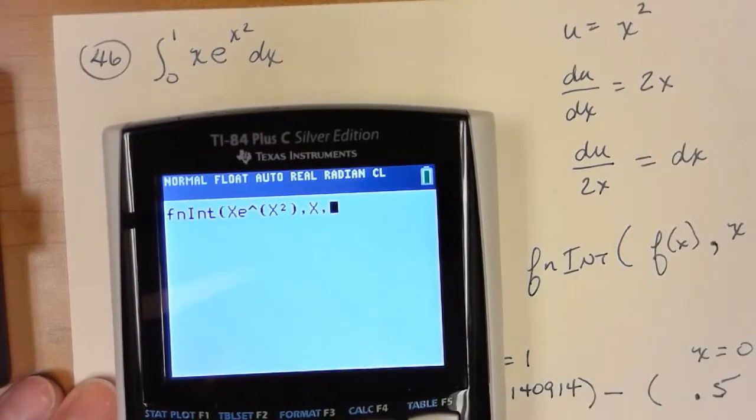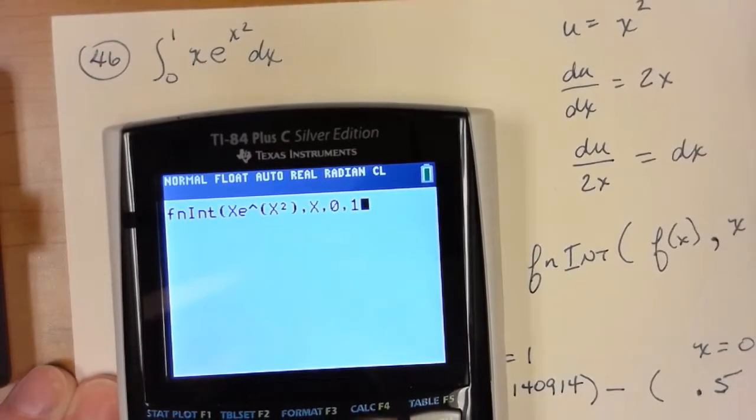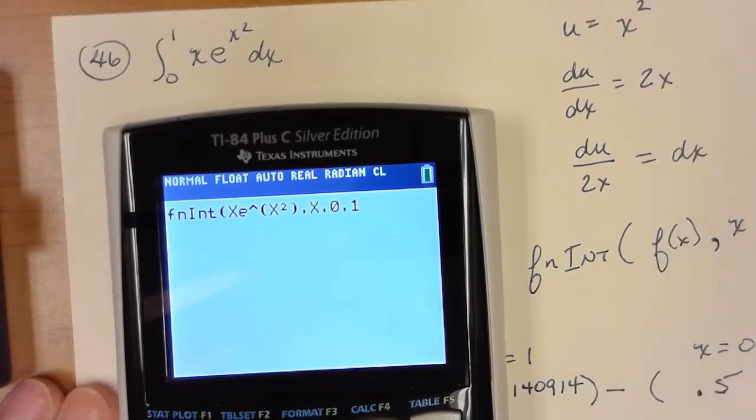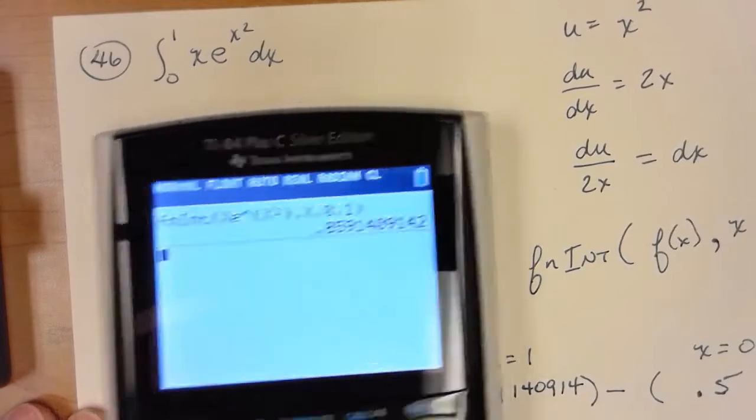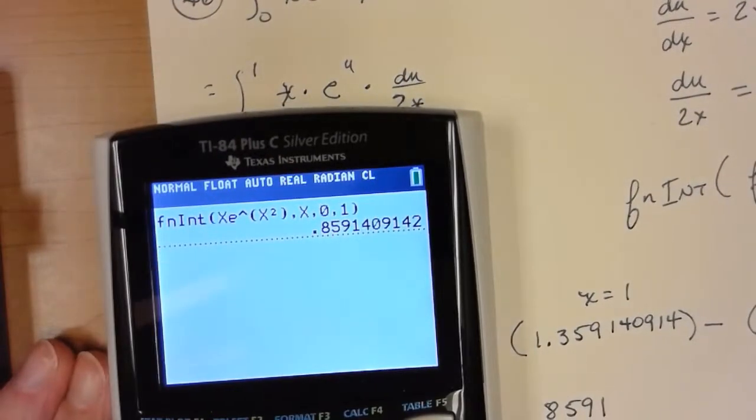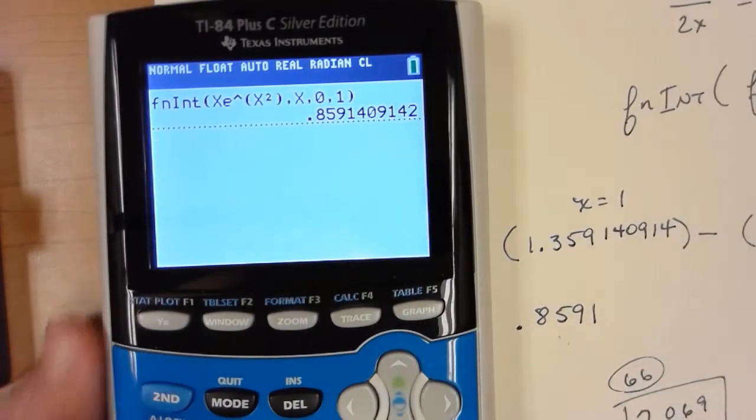And then my limits, 0, 1. So this is lower limit, upper limit, in parentheses. And that's what we got for this one.